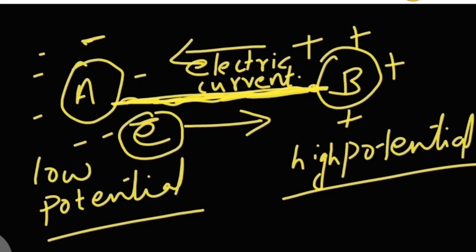But in order to keep up with the conventional flow, from a higher level to a lower level, we consider that the electric current always moves from high potential to low potential, so that it goes side by side with the conventional way of high to low.